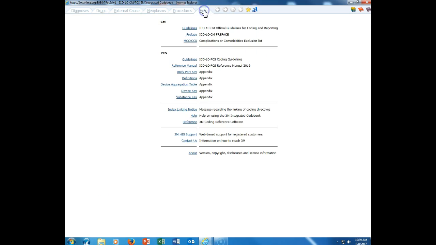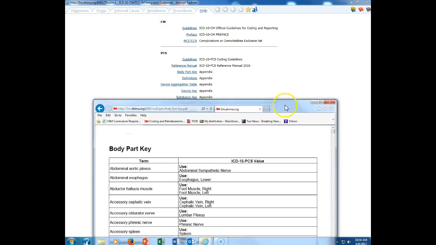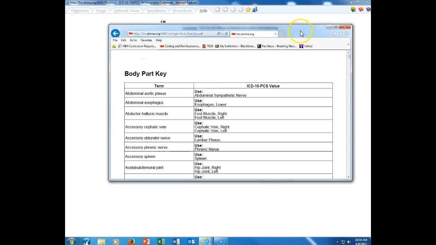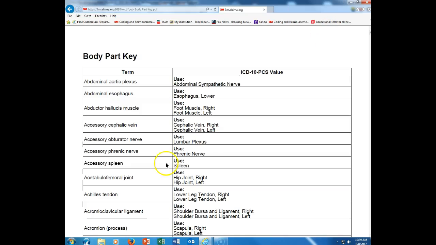Now, I want to show you something as well. If we go to the help section, PCS, Procedural Coding System, the guidelines are here. There is also a reference manual here. I want you to pay really close attention to this because this is the body part key. If you have a body part, and when you're looking in PCS, you can't find that body part listed, this is an excellent resource.